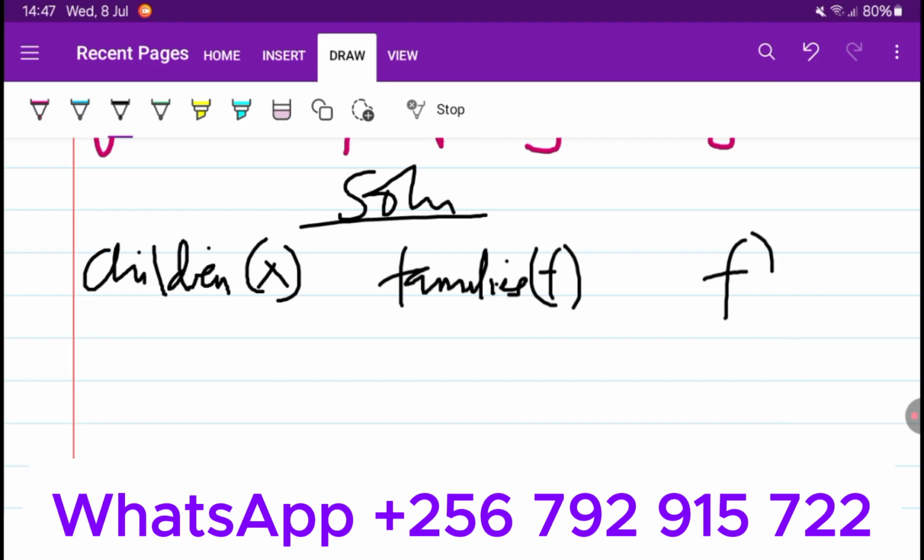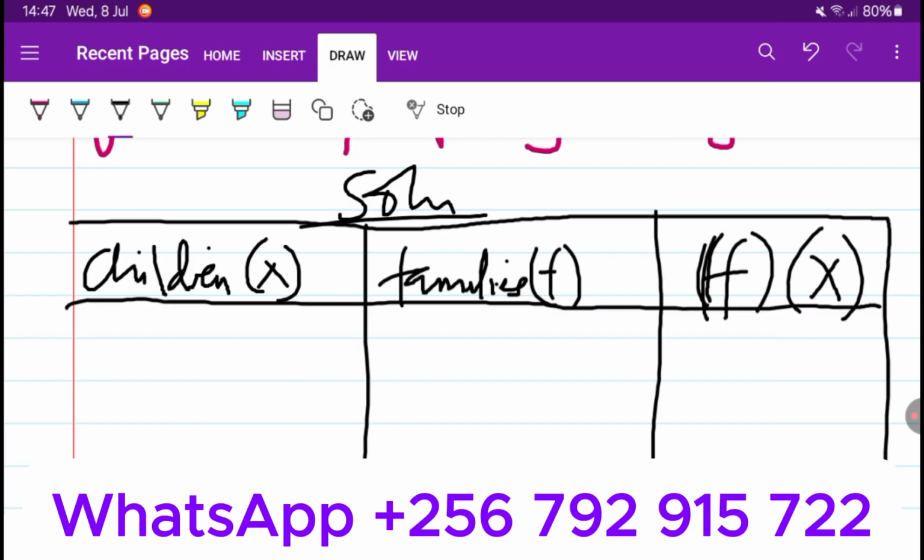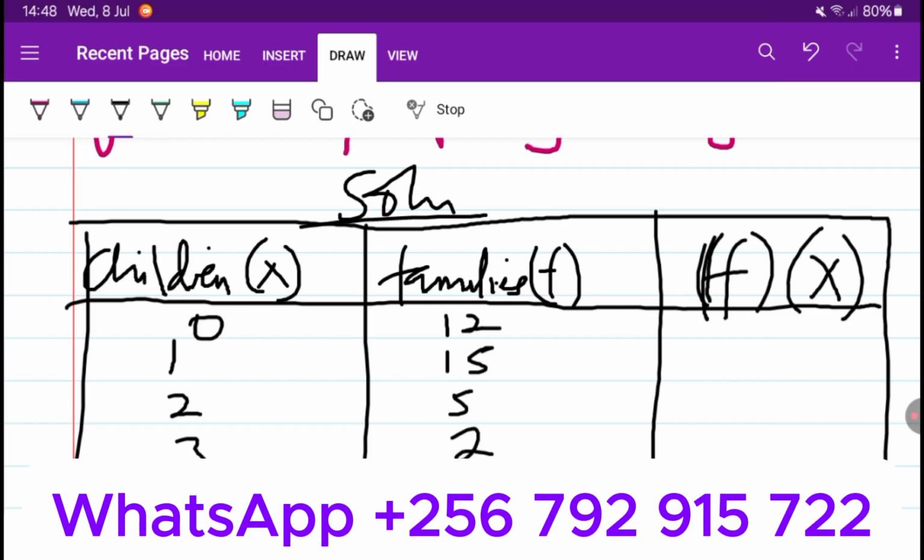Of course, we get the f times the x to give us fx. Then we go ahead to put in the values. We start from 0, 1, 2, 3, up to 4. Then the frequencies, of course, they have given to us the frequencies. This one is 12, this is 15, this is 5, this is 2, and this is 1.